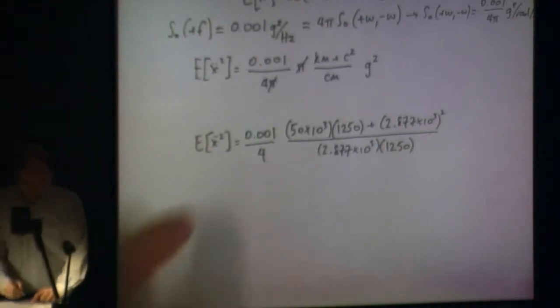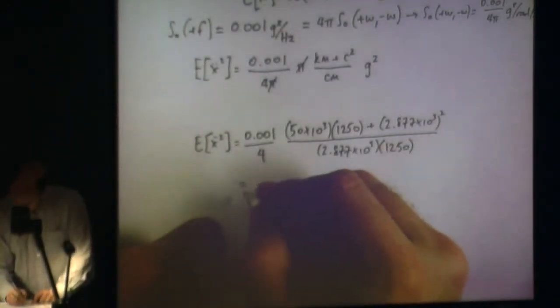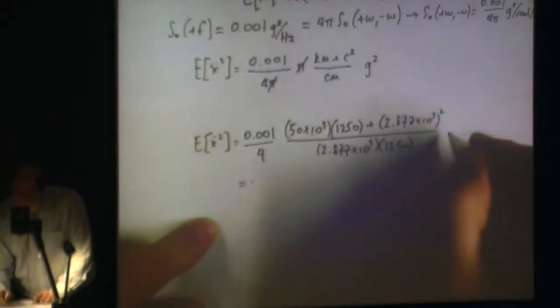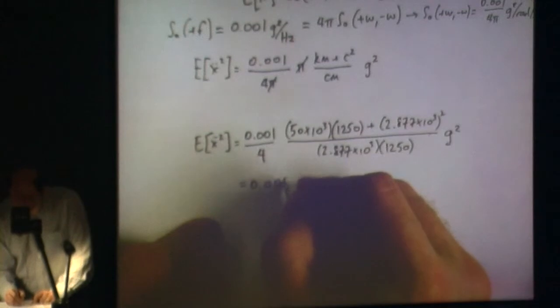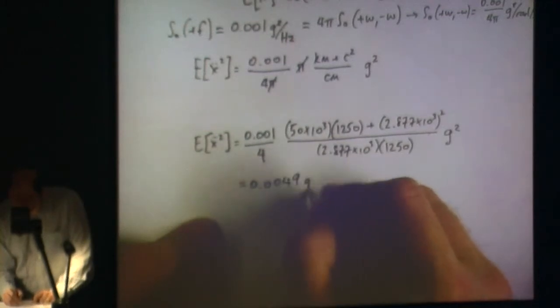And obviously, if you do the sums using your calculator, you get, oh sorry, there's a g squared over here, 0.0049 g squared.